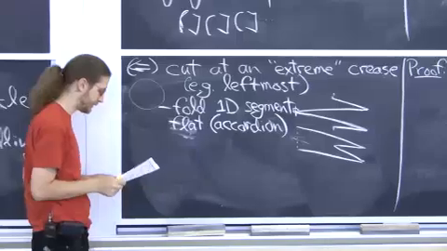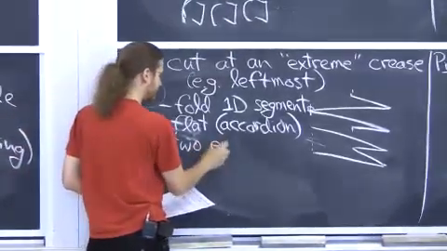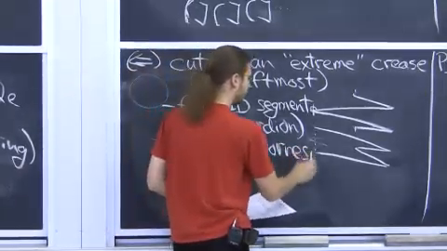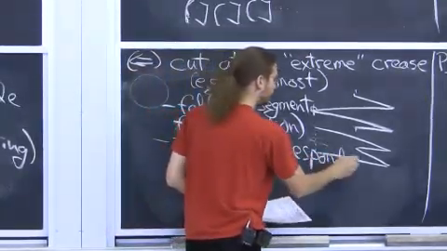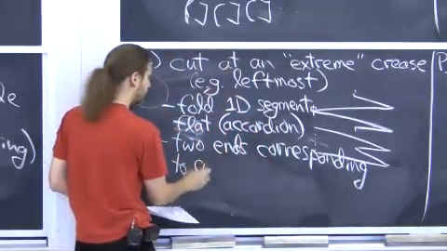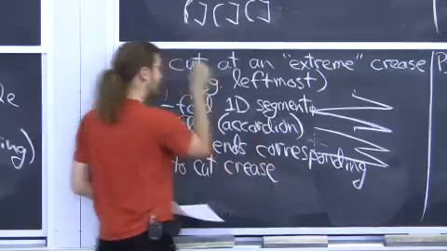We know that works. And then all we need to show is that the two ends can join. Those ends are the two copies of the cut crease that we did in this first step.